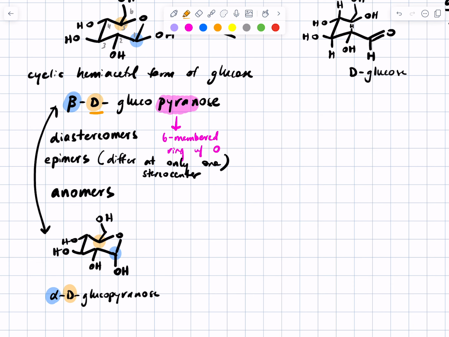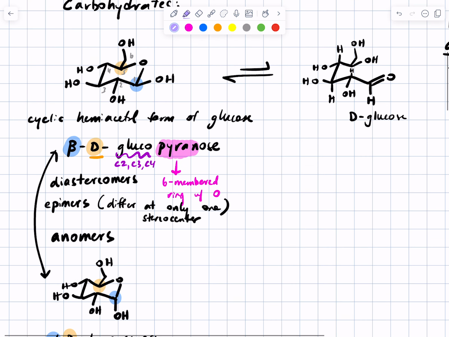All right, and then finally, the gluco, what does that mean? Gluco refers to stereochemistry at C2, C3, and C4. So when we draw glucose in its cyclic hemiacetal form, carbons 2, 3, and 4 all have equatorial OH groups, and so we call it glucose.